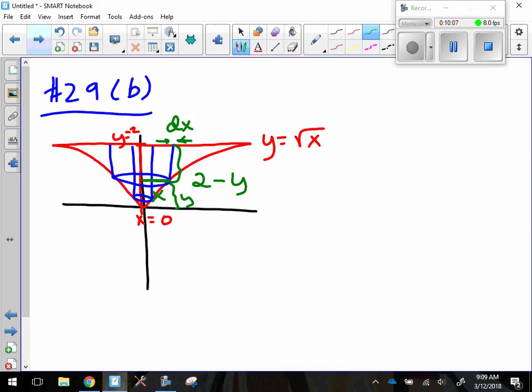Okay, and that's this y value. But I don't really want that. I want the other part of this. And because I've got a horizontal line up here, I know that the sum of those two pieces always has to be 2. So my height there is going to be 2 minus radical x once I substitute in. Okay. We good? We got it?